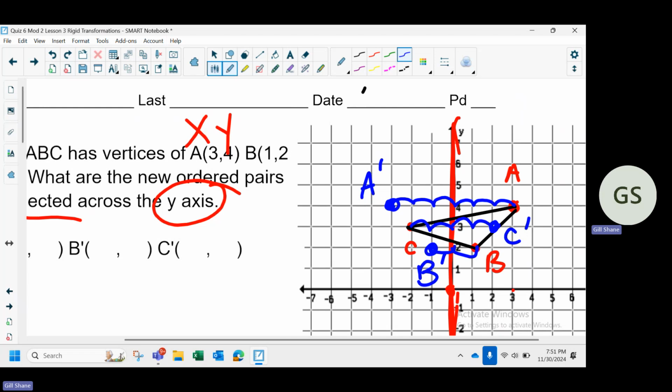So if I connect those, we'll use a different color. I guess green will stand out enough. So I connect, oh wait, we don't want to do this. So actually I'll do this and then I'll make it green from there to there. Then from C prime. So I'm connecting all the points that have a prime.